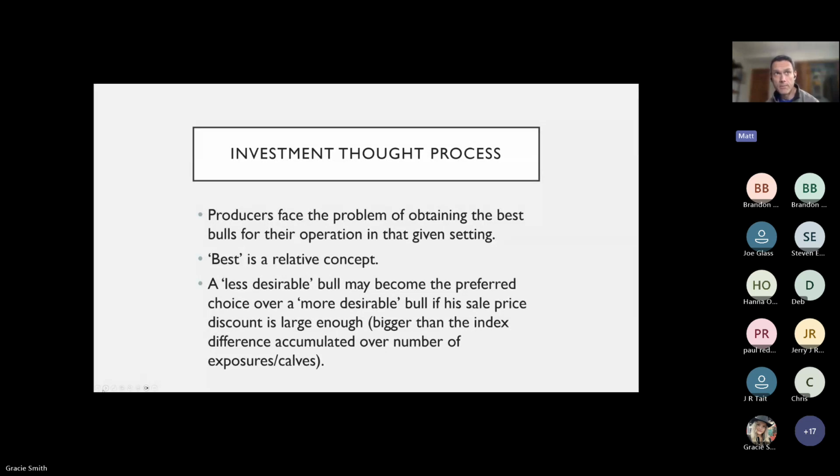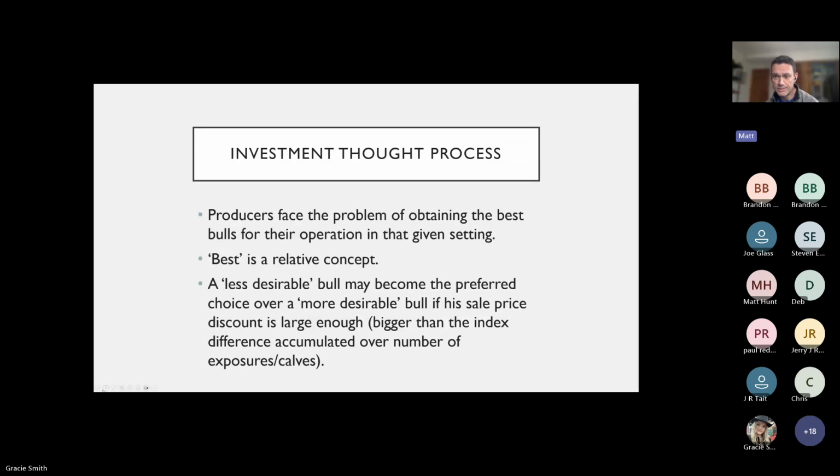And so if I compare bulls based on their economic potential for my enterprise, it is very much possible that the quote unquote best one may not be as preferred because the cost of that bull, either the purchase of him or the purchase of his semen, may be greater than the value difference of his index versus an alternate bull's index.